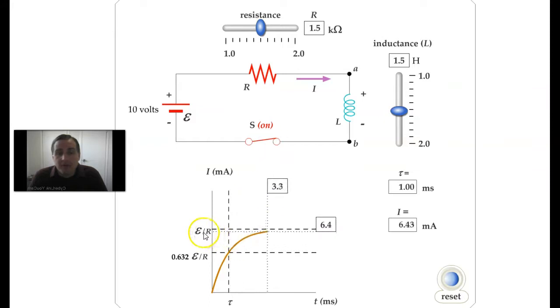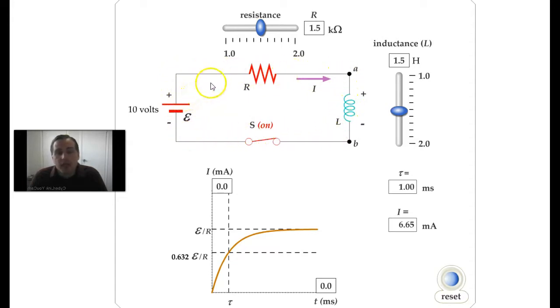Okay, notice that the final current we reach is going to be the EMF divided by the resistance, because that's just given by Ohm's law. Notice the current, the conventional current, that is, comes off the positive terminal of this battery and goes around clockwise in this way.